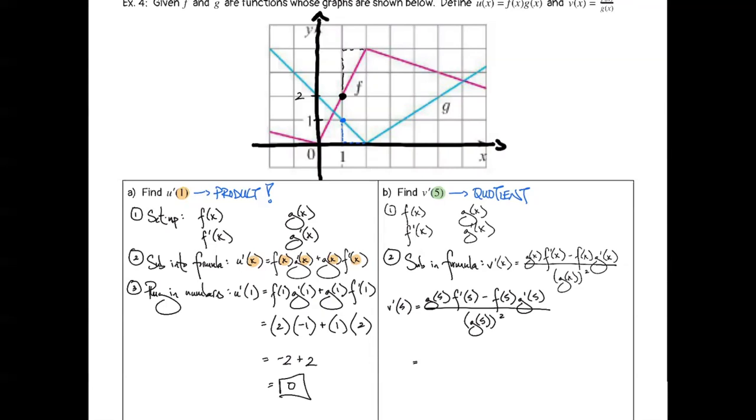All right, but we're looking from the graph. How do we find g of 5? How do we find g prime? How do we find f of 5? How do we find f prime of 5? And making sure that we plug those all into the correct location.